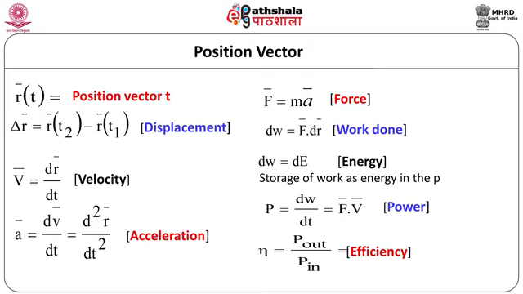One more differentiation gives acceleration a bar, which on multiplication with mass gives force F bar. The scalar product of force and displacement gives information about the work done. The work done remains stored in the particle as its energy. The time rate of change of work done gives power, which can be related to the prediction of efficiency.